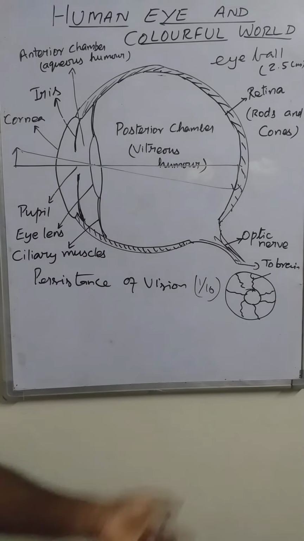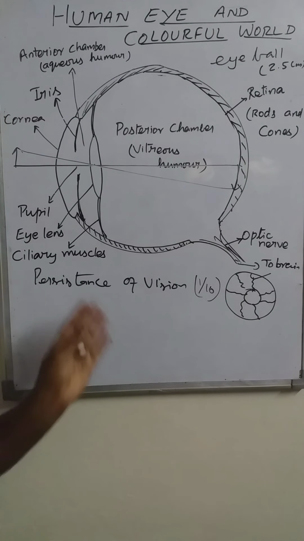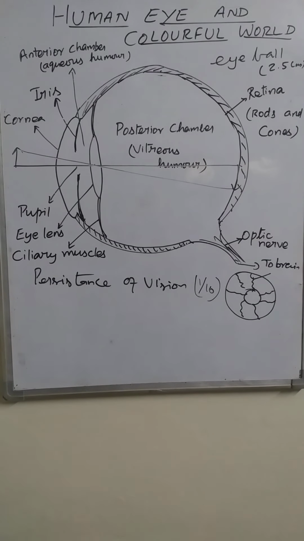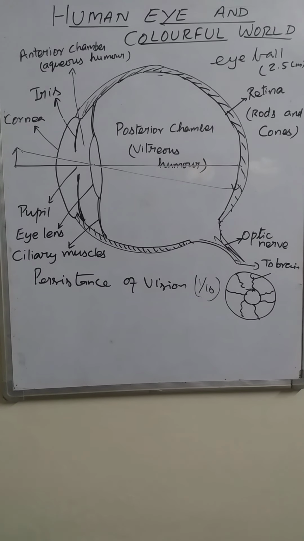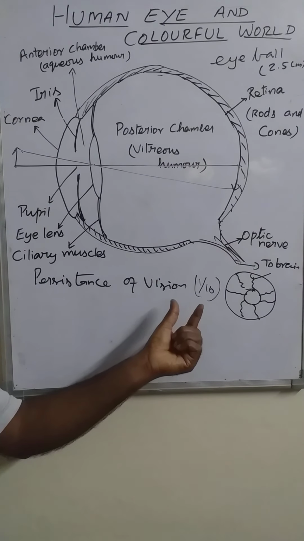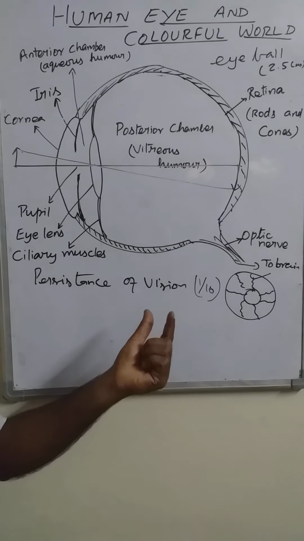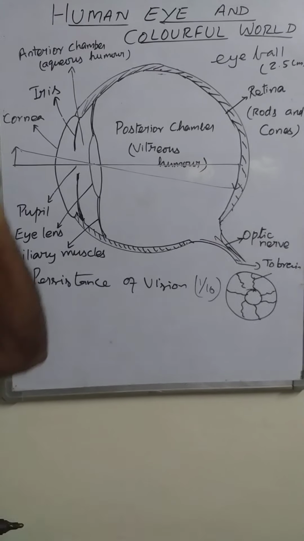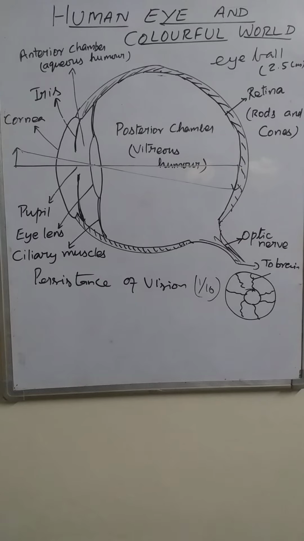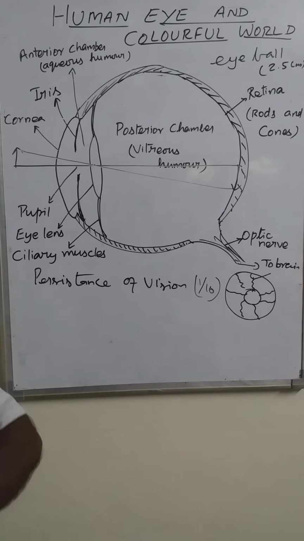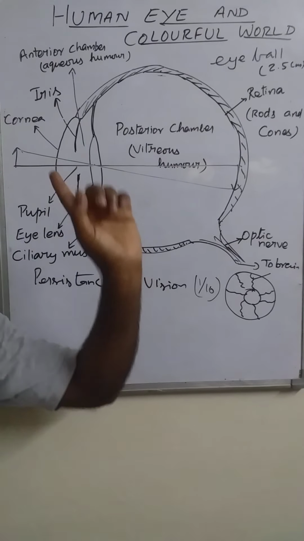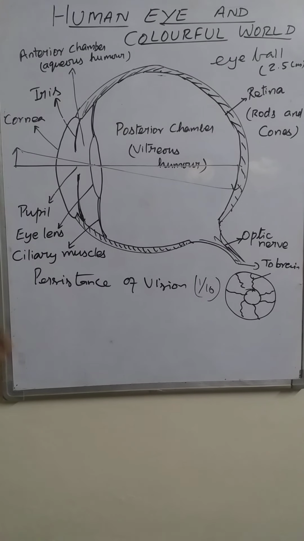Before that, it will not engage that object. So within this time, we cannot distinguish different objects shown in front of our eye. That is the persistence of vision.